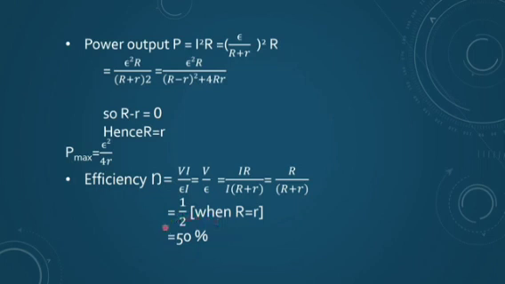So this should also be known to you, that even if I am getting the maximum power of the cell, efficiency is still 50%. So keep this in mind, you can be asked power dissipated for the cell. Basically you get questions on power with the electrolytic cell or the electrochemical cell.